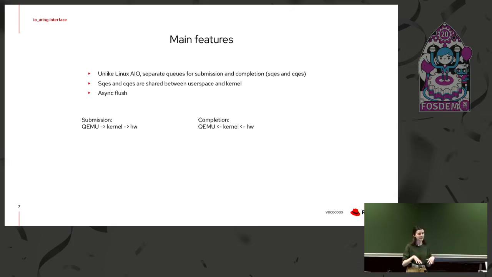Because of that, we needed to switch back in QEMU to synchronous flush, and this doesn't work well. To remind you, submission is from user space to hardware, and completion is backwards.